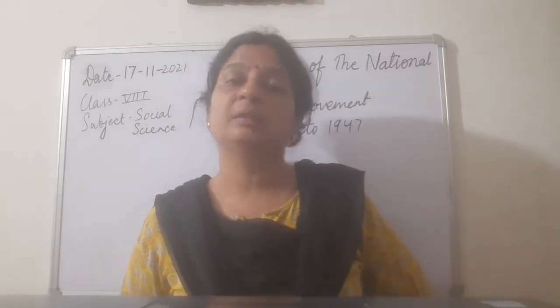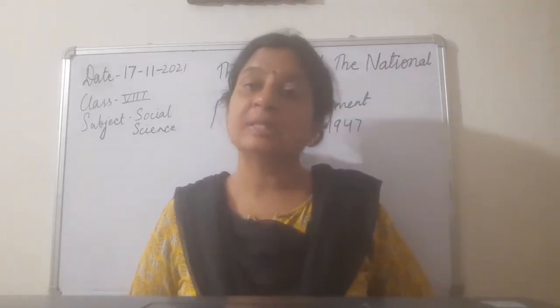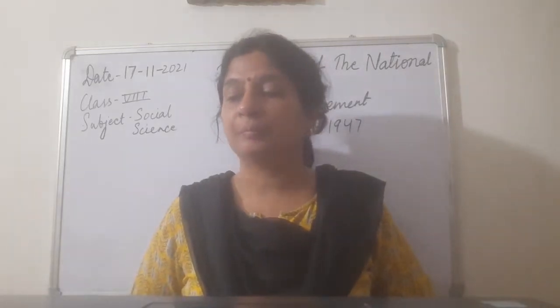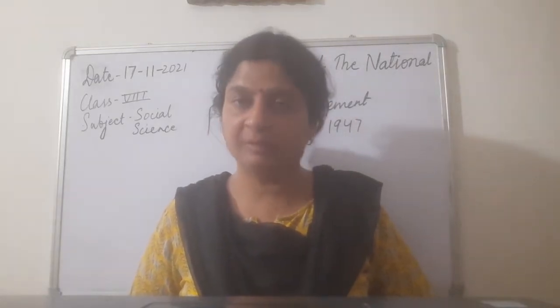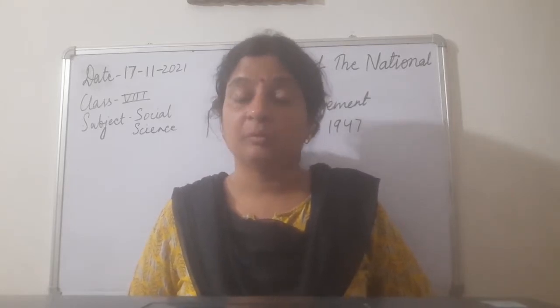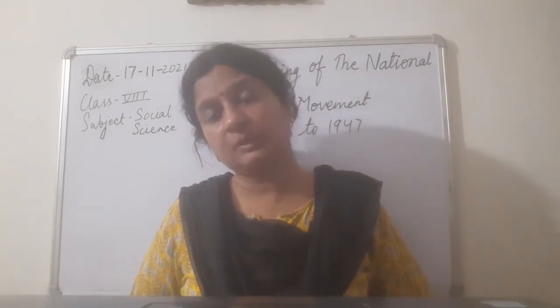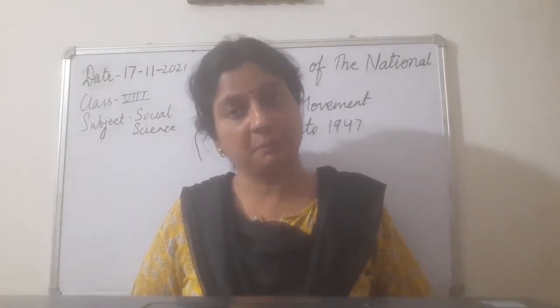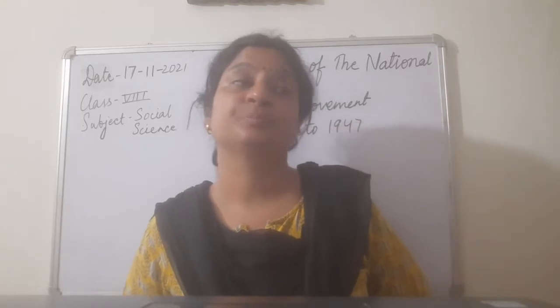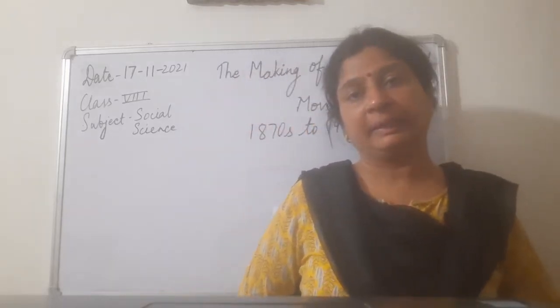The first and the most important reason, as we have discussed as the reason for this revolt of 1857, the first reason for discontentment of Indians, which we studied in the revolt of 1857 also, was that the British started to conquer the territories of India.